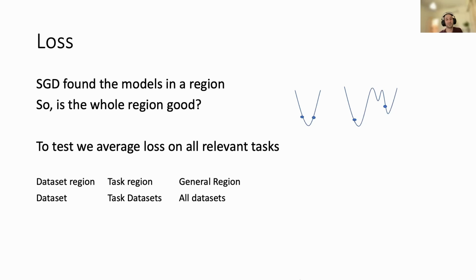And if you're critical, you might say, but you didn't show me anything in between those, right? We just showed that the models that we do find are close to each other. But it could be that those are minima, and between them, everything is of a very bad loss, and those are bad models between them.